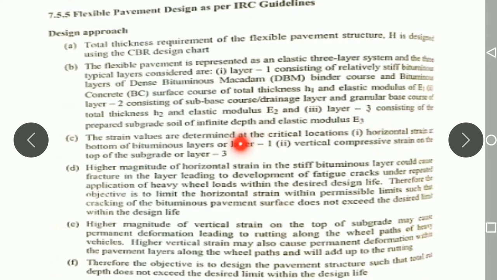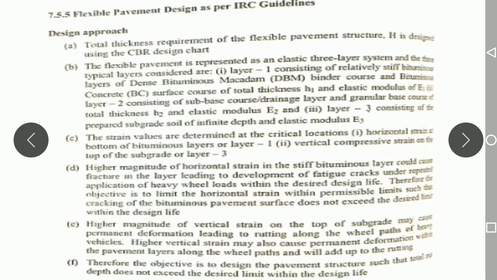You need to calculate these strains. A higher magnitude of horizontal strain in the stiff bituminous layer will cause fracture in the layer, and a higher magnitude of vertical strain at the top of the subgrade may cause permanent deformation. So this is the cause of the strain on the pavement.